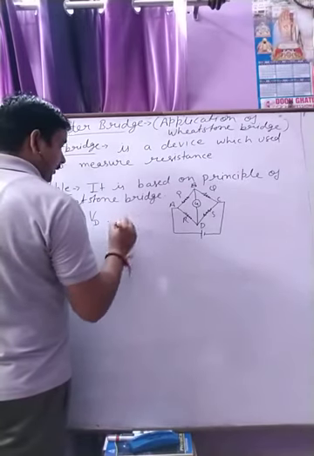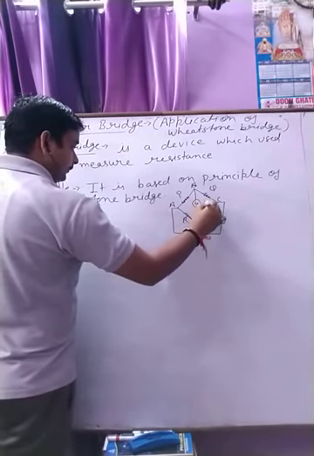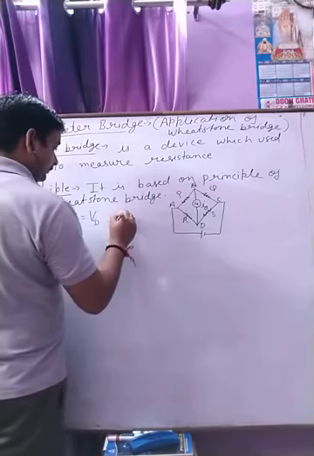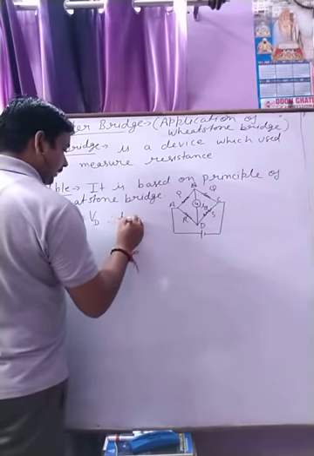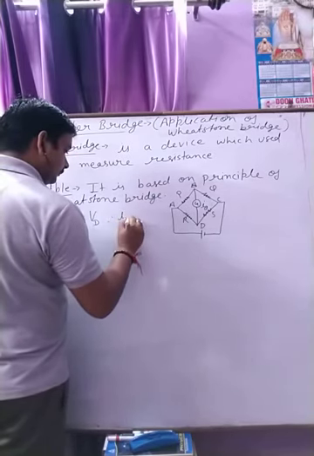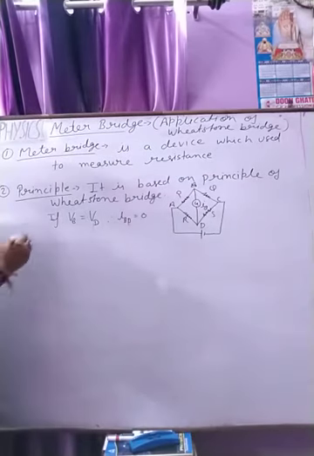Therefore, current in branch BD, IBD, is 0.